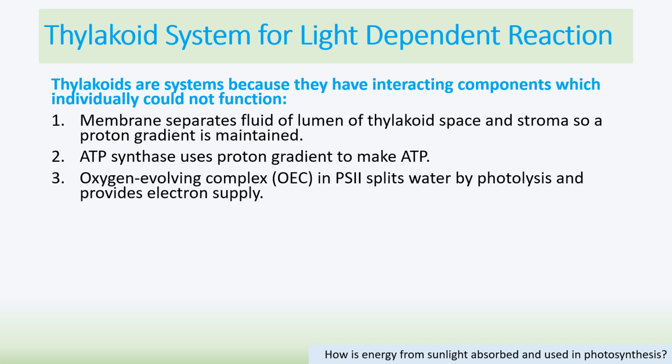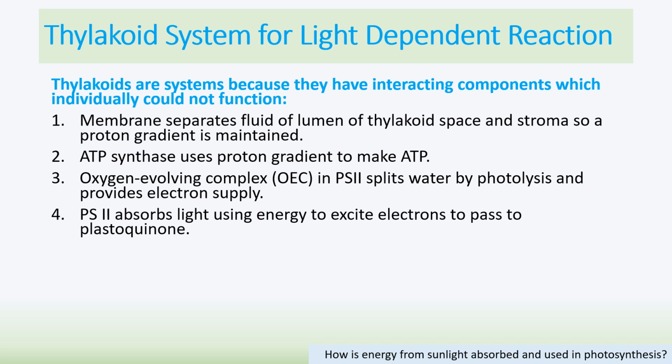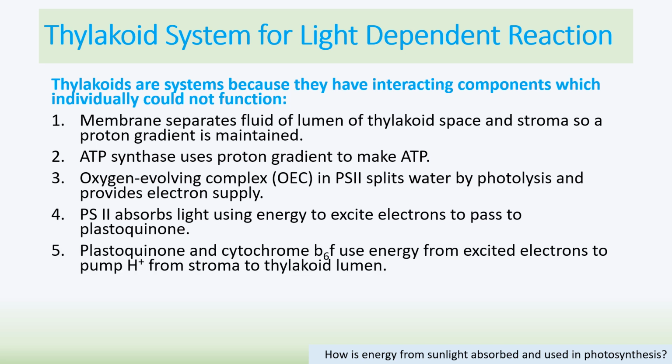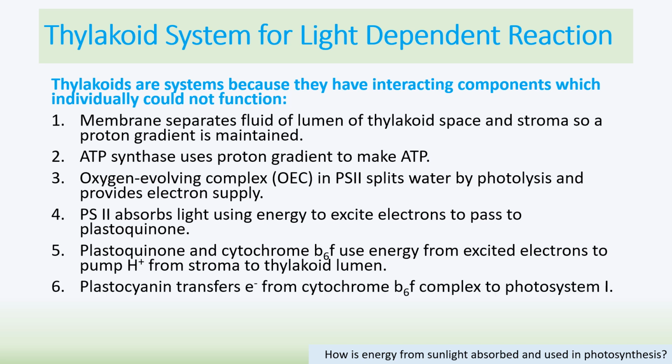The oxygen evolving complex in photosystem 2 splits water by photolysis and provides electron supply. Photosystem 2 itself absorbs light energy and passes it to plastoquinone. Plastoquinone and cytochrome b6f use energy from excited electrons to pump hydrogens into the thylakoid lumen, and plastocyanin transfers electrons from cytochrome b6f to photosystem 1.